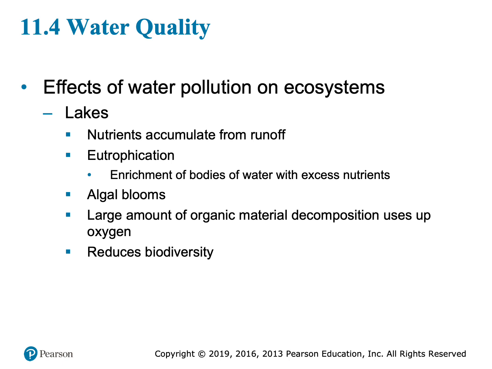And if we get what they call algal blooms, too much algae in the food web can block sunlight from getting to the organisms below them. So algal blooms due to eutrophication are not good. Large amounts of this organic material can use up oxygen and can reduce the biodiversity.